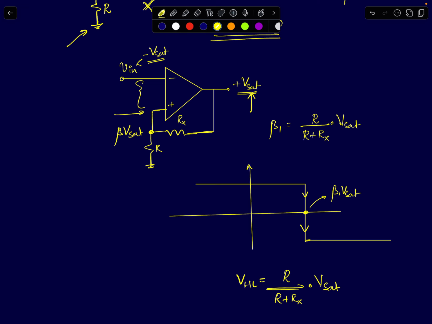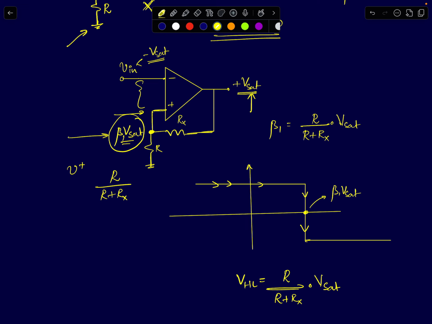So the feedback voltage at the non-inverting terminal will be plus beta 1 times Vsat, where beta 1 is given by R by R plus Rx. Now I'm slowly increasing my input voltage from minus Vsat. The moment your input voltage exceeds plus beta 1 Vsat, your inverting terminal voltage will become greater than the non-inverting terminal voltage.